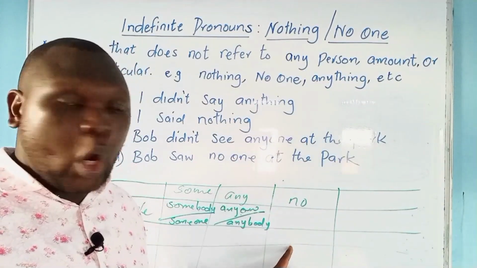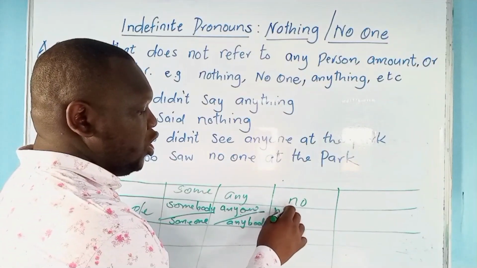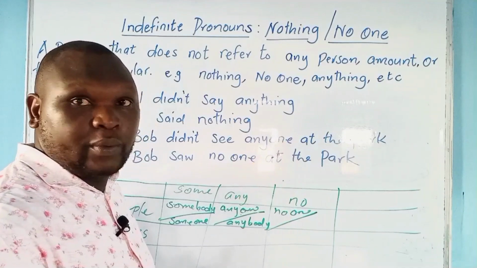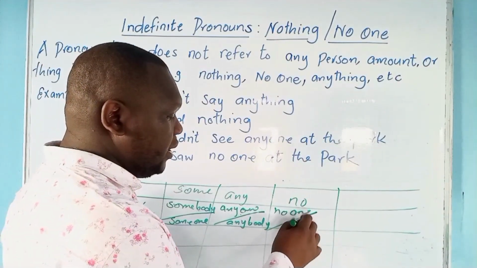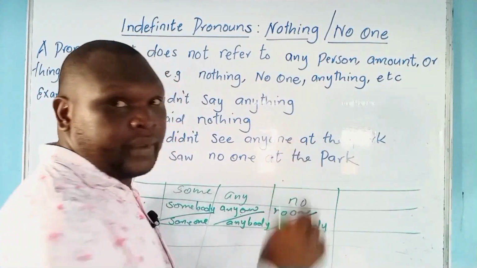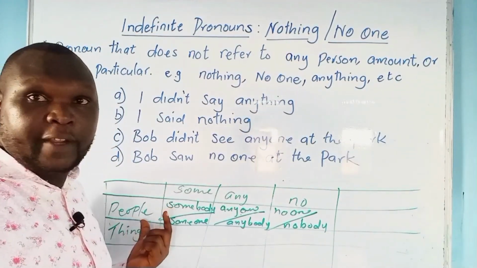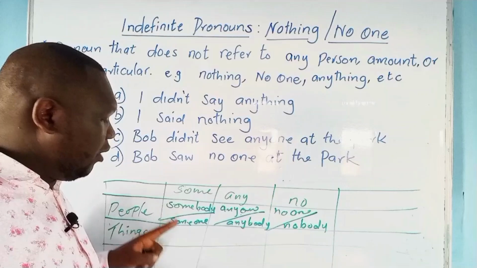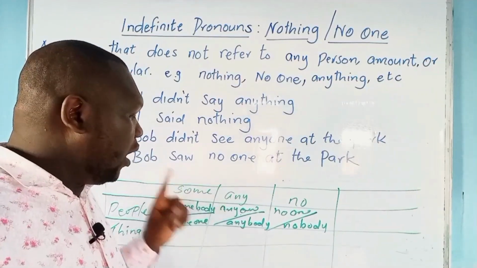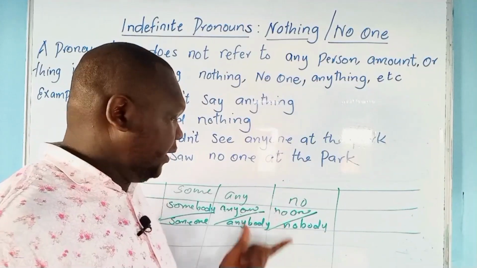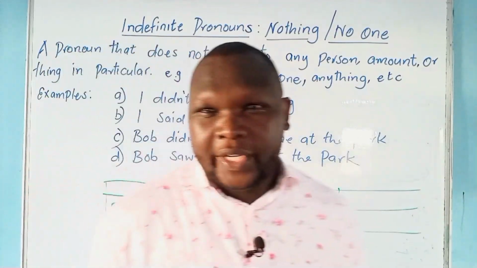What about no? No, we can say no one, and we can say as well nobody. And so this is how we form the indefinite pronouns. You see, for people, we have somebody or someone, anyone or anybody, and then we have no one or nobody. These all are indefinite pronouns.